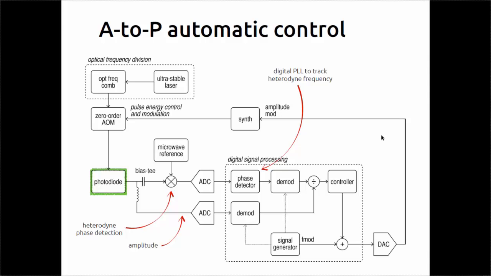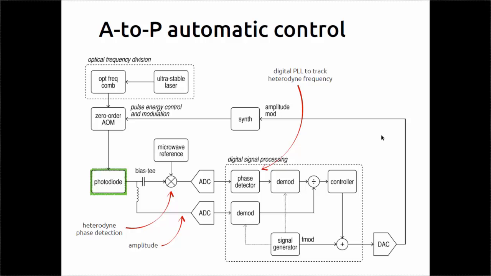Here I try to highlight very quickly how the system works. Up here we have our optical frequency comb locked to our ultra-stable laser. We go through a zero-order acousto-optic modulator that is used as an intensity modulator, and we introduce an amplitude modulation tone on the intensity of the light pulses from the comb, and we shine this onto our photodiode used to generate our microwave signal.